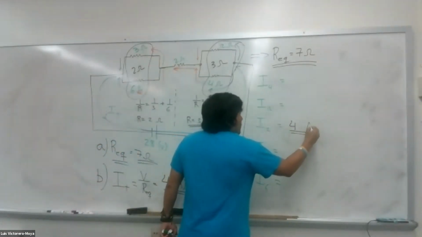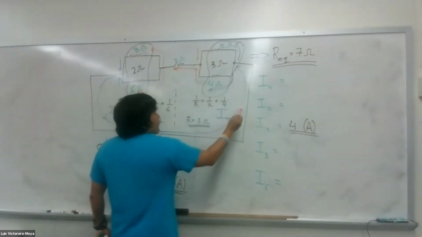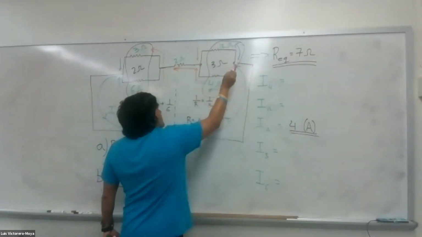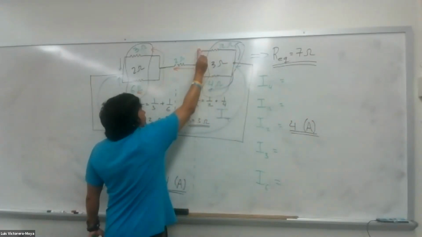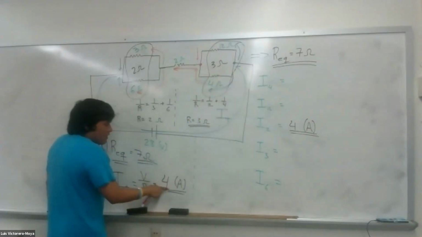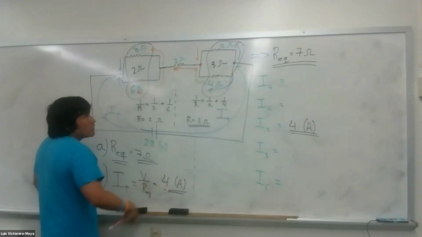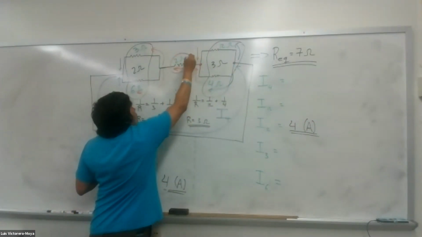Because if you look at what I did on the graph, the current 4 amperes gets split, it's divided, and then it goes back to what it was originally. How much was originally? 4 amperes. So for this resistor here, it has all the current.